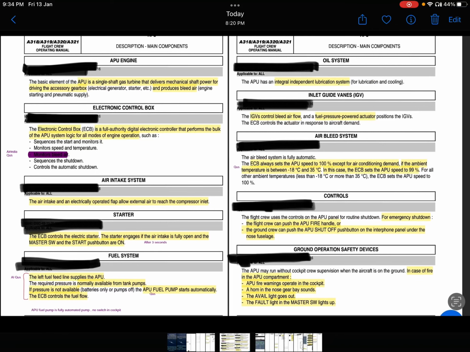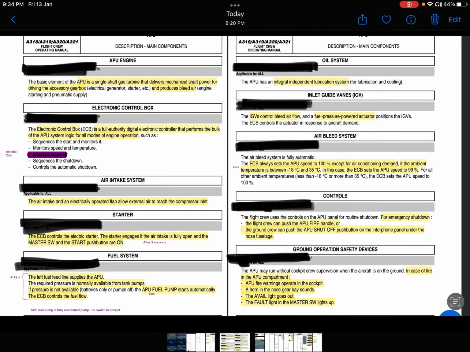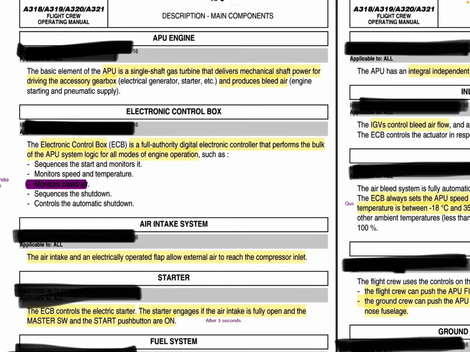Now the next slide. As I told you, we will discuss about electronic control box, then how air is taken, then how starter works, then fuel supply, then oil system, then IGVs, then ground operation safety devices we have for APU. So let's start from this.